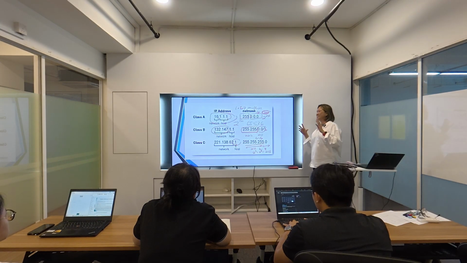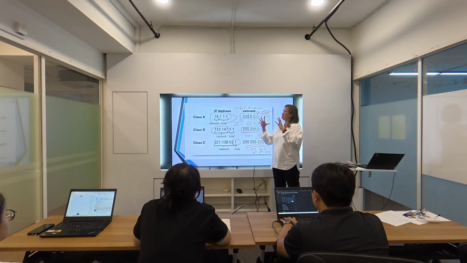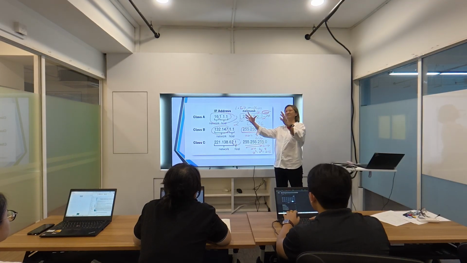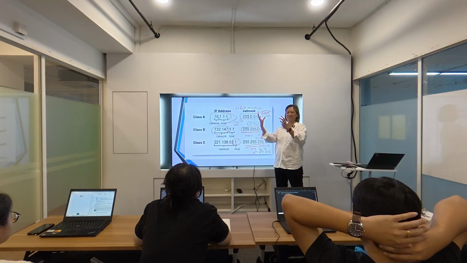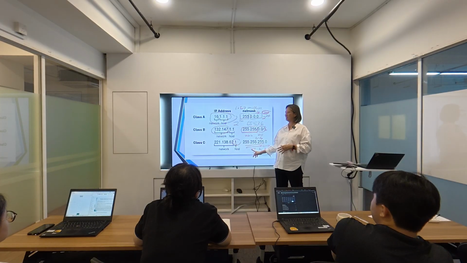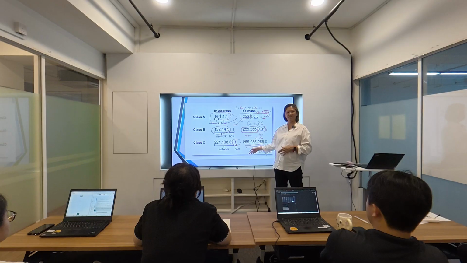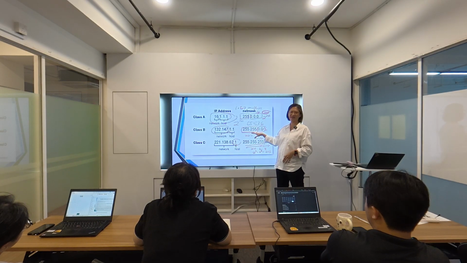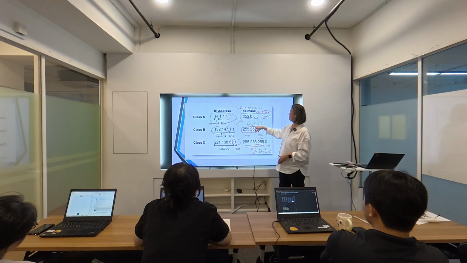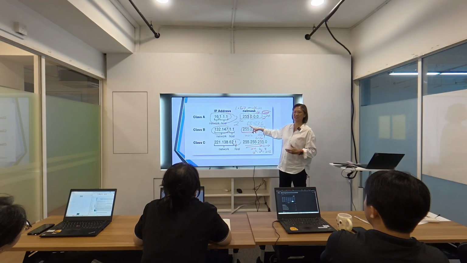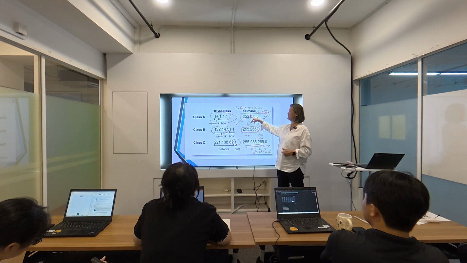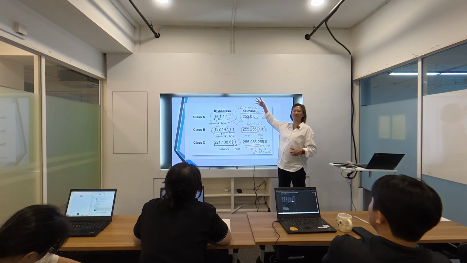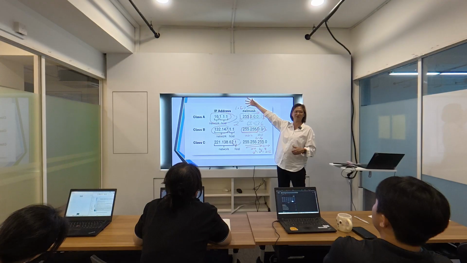When you design a network, you look at the network size. If my network is only 80 devices, you will use a class C address. If my network is 1,000, you may use a class B, but you will waste a lot of addresses because you actually have a total of 65,000 addresses. Of course, class A is used in the public, global network. We don't use it in a private network.